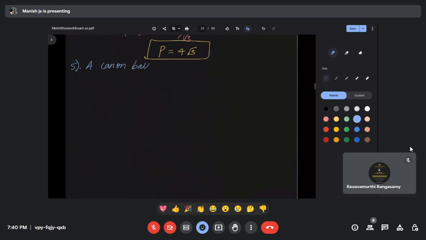A cannonball is shot with a velocity p i cap plus q j cap meters per second.